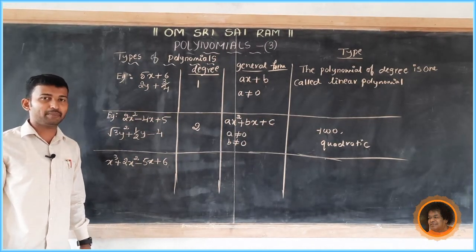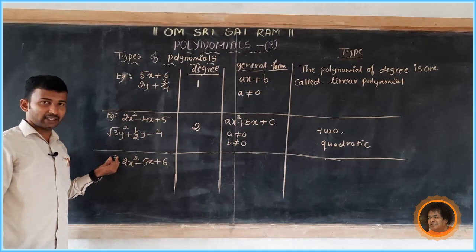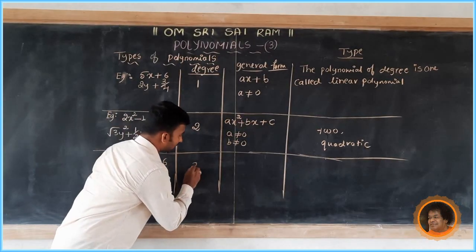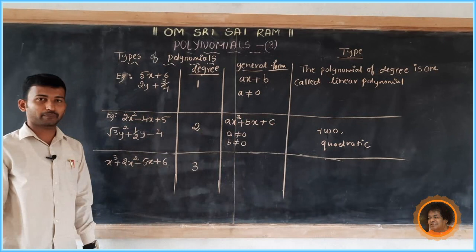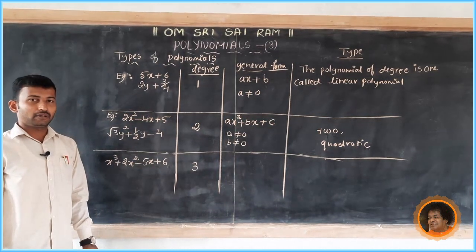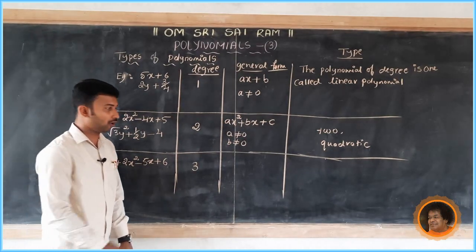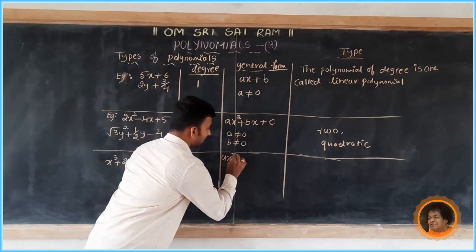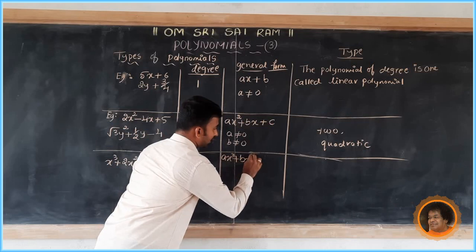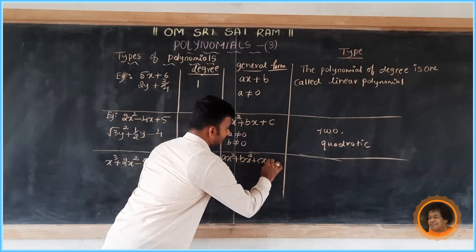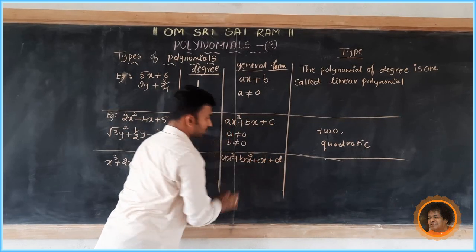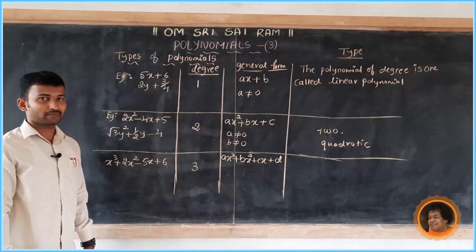Highest power of the variable, that is 3. So, the degree is 3. We can write the example in the form ax cube plus bx square plus cx plus d.